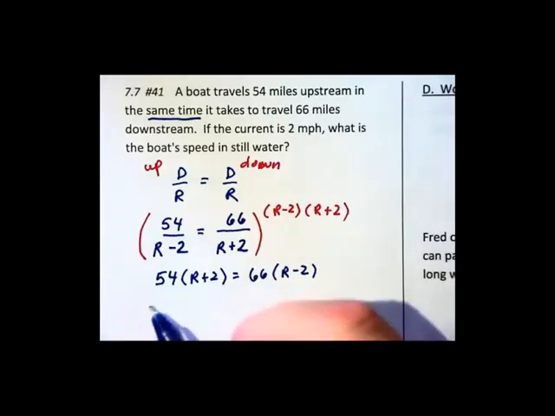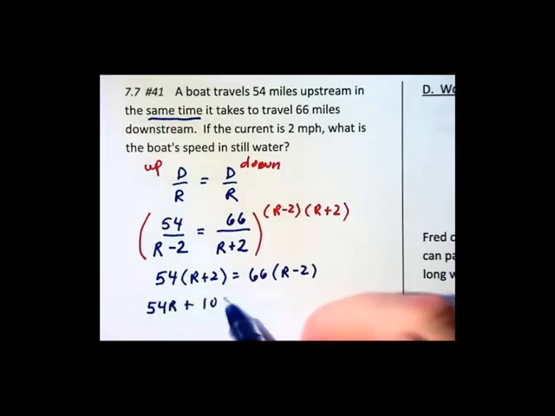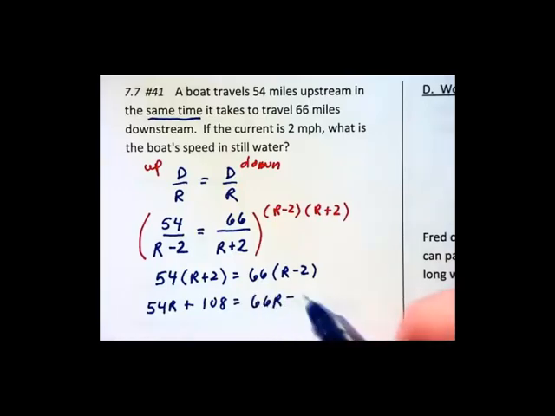Distributing on the left, we have 54r plus 108 equals 66r minus 132. I want to get all the r's to one side, so I'm going to subtract the 54r off of each side. And to move the constants to the other side, I'm going to add the 132 to both sides.